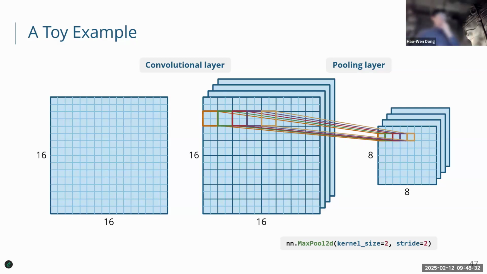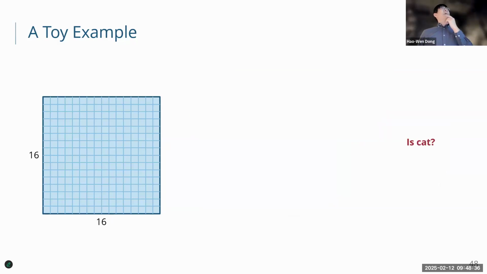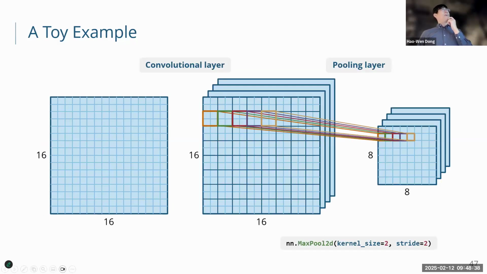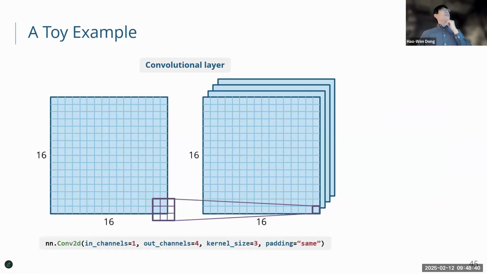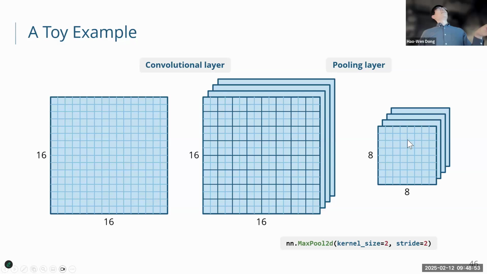This is the most commonly used pair of layers: you do a 3x3 convolutional layer with padding equals same, so you keep the same shape.